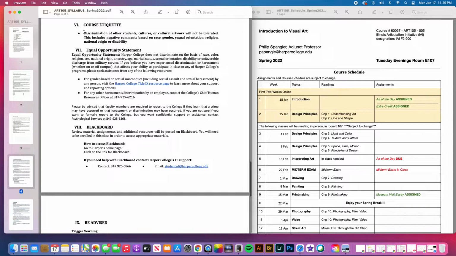I do expect a certain amount of course etiquette, including an intolerance of discrimination of other students. But because we are talking about art from cultures around the world, I want you to remember that discrimination based on cultures or cultural artwork is also not tolerated. This includes negative comments based on race, gender, sexual orientation, religion, national origin, or disability.